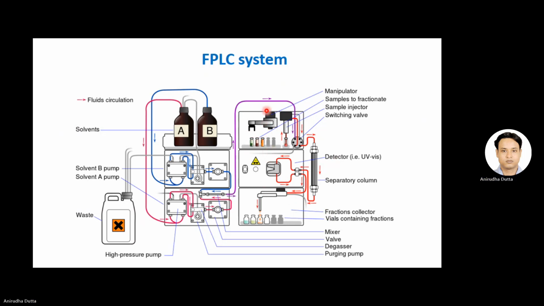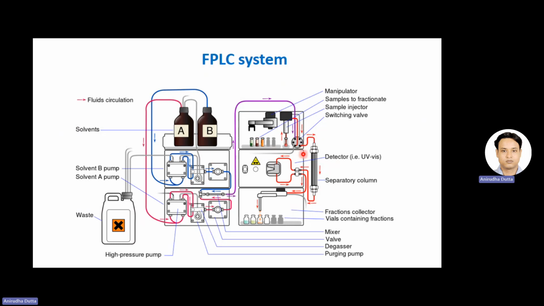So the FPLC system is nothing but two pumps connected with some different accessories. You can see there would be a buffer A and buffer B. These are the inlets. They will be connected to the pump, and that pump would pump buffer A and B, based on your requirement, to the column.